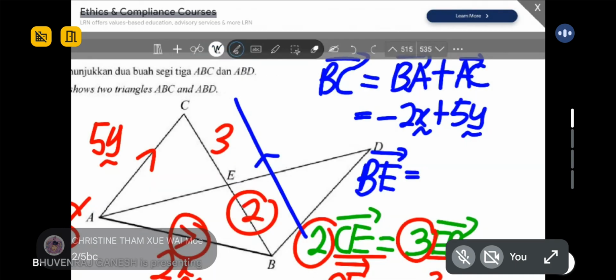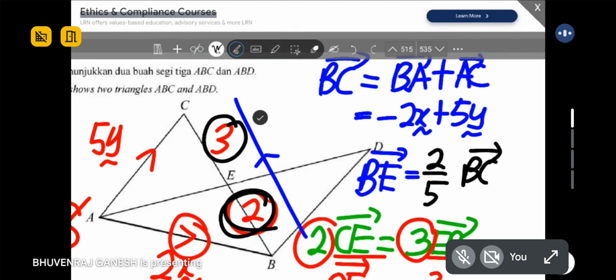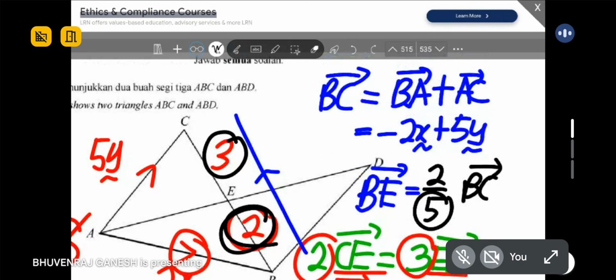The answer is 2/5 BC. Do you understand? Because BE, it takes two parts. Total ratio of BC is 2 plus 3, which is 5. That's why you put 5 here. And then of what? Of the whole line, which is BC. That's why 2/5 times BC. Understand? So that's why you need to get this equation.